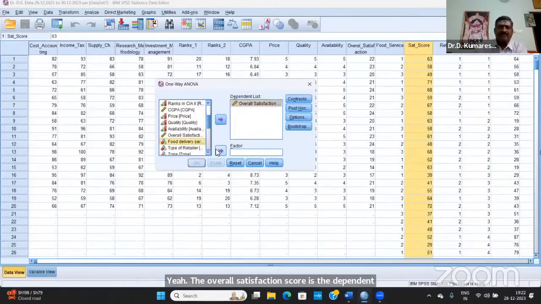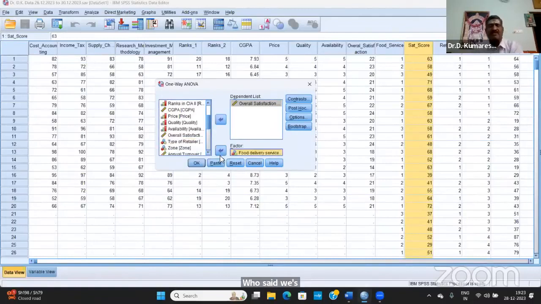Food delivery service provider is the factor. That's all. So there are two variables. One is overall satisfaction score.